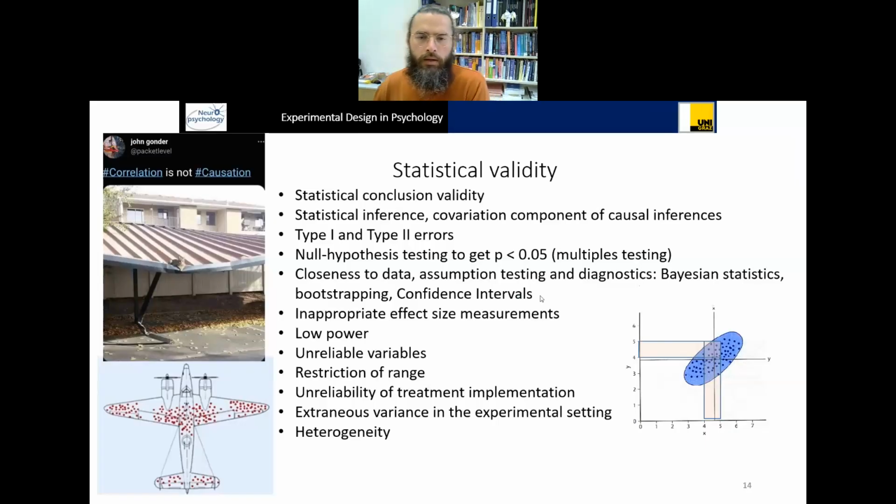And beyond that, the quality management measurements you may take involve, under some circumstances, Bayesian statistics and also bootstrapping and the calculation of confidence intervals for the estimates you calculate.